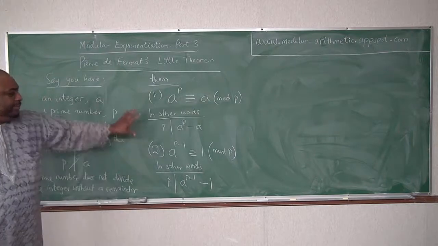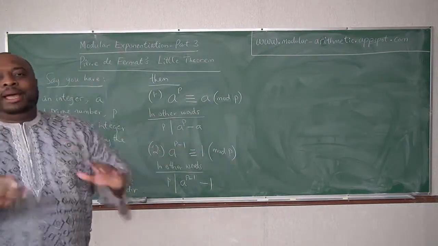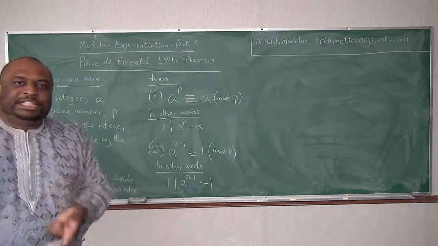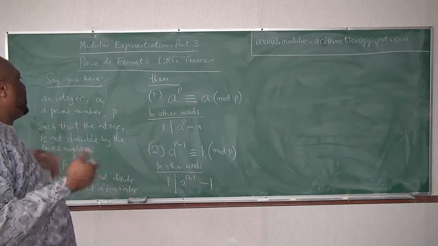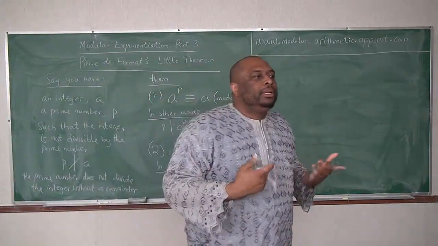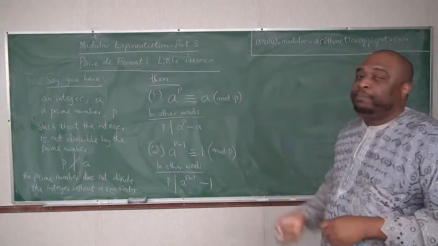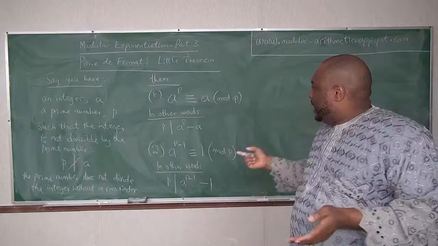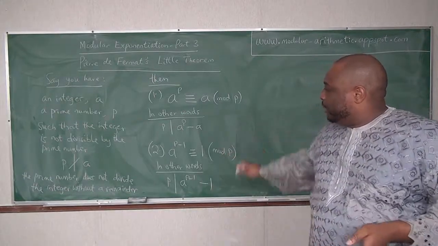This is what this theorem is saying. Anytime you have an integer a and a prime number p, such that a is not divisible by p, then a to the p is congruent to a in mod p, and a to the p minus 1 is congruent to 1 in mod p.